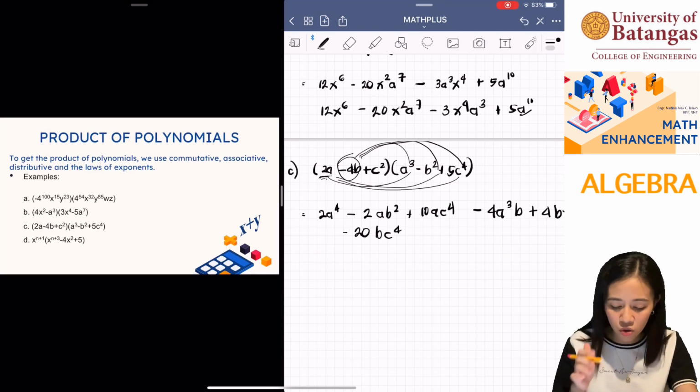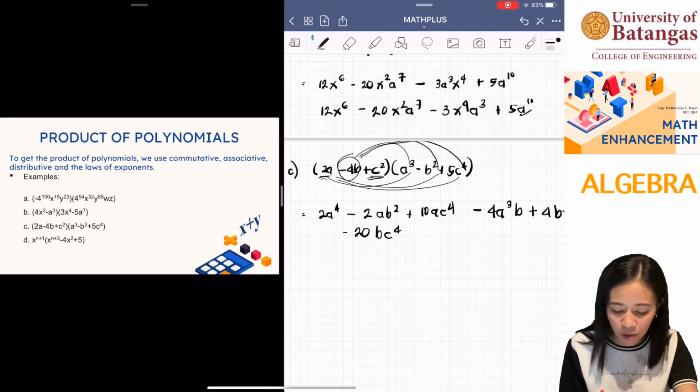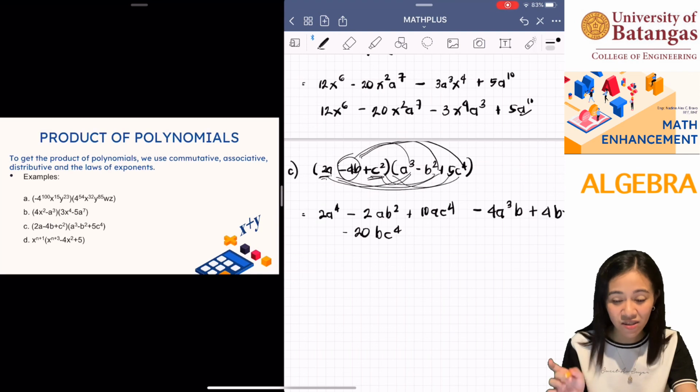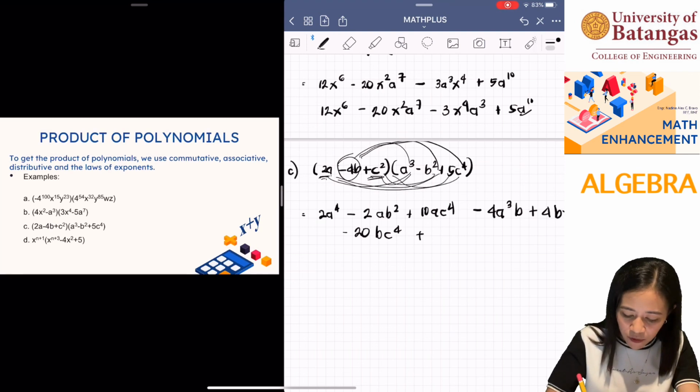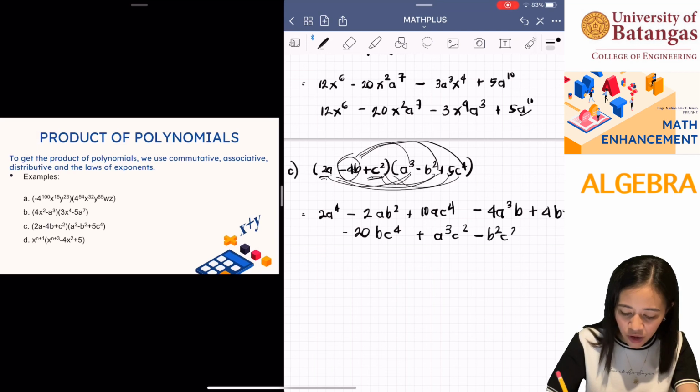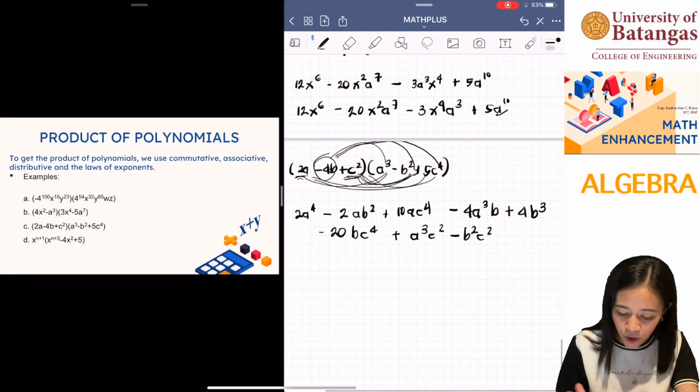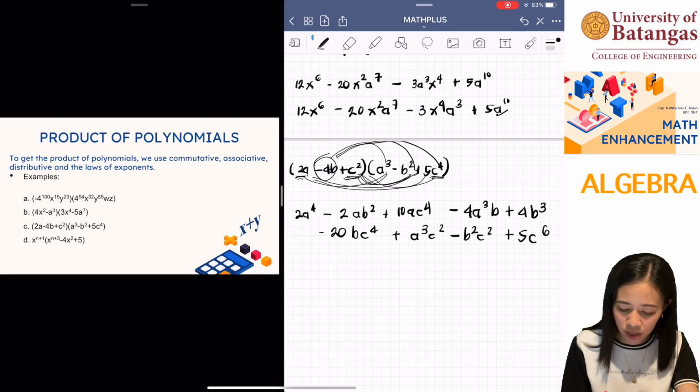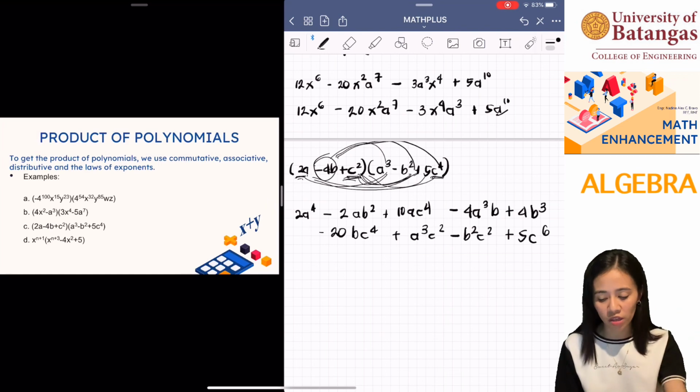Okay, and then lastly, you go to the last term, which is c squared, and distribute it. So, you have plus a cubed c squared minus b squared c squared, and then plus 5c to the 6th. You have c to the fourth and then c squared, so you add the exponents. That would be 6.